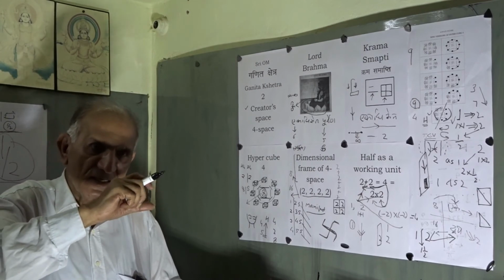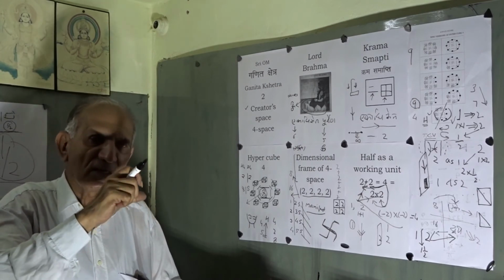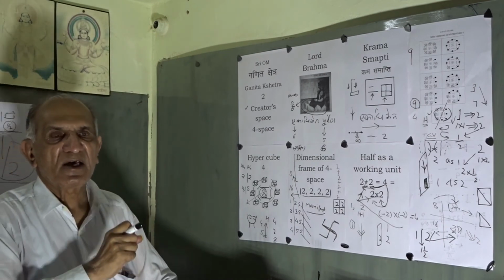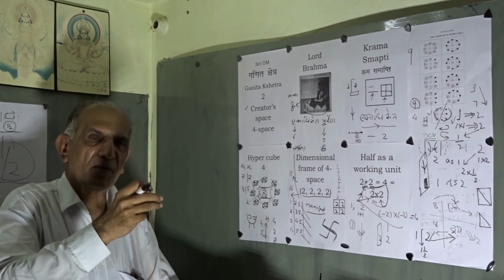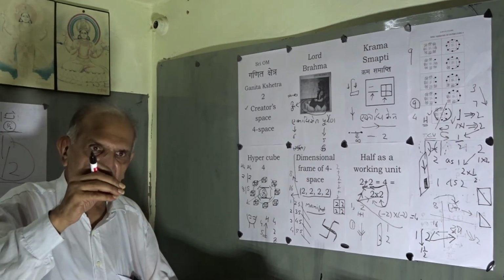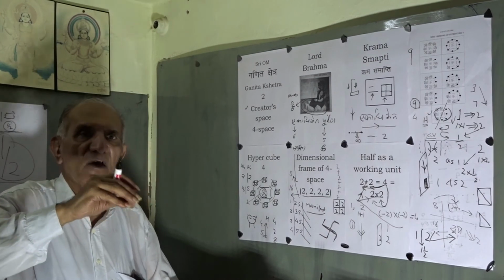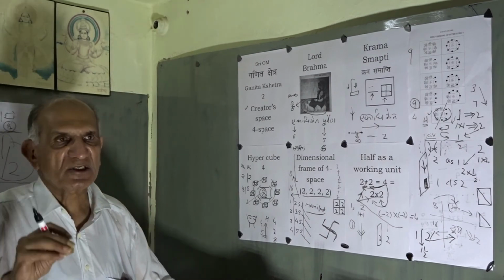However, the Vedic comprehension, Vedic glimpsing, Vedic reach, Vedic attainment is of approach to our universe, to our space in terms of quadruple spatial dimensions.